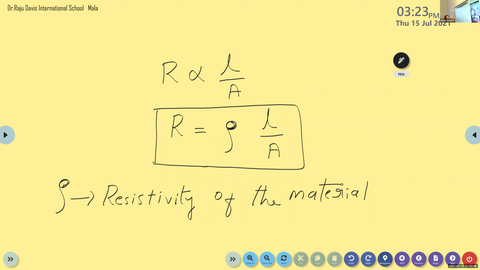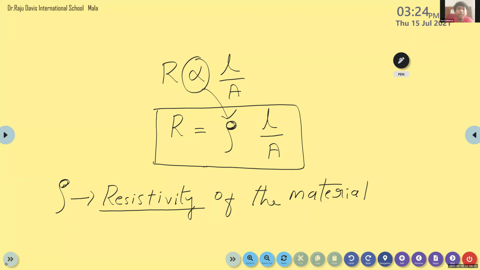So by comparing these two equations, we get R is proportional to L by A, or R is equal to rho into L by A. In order to replace this proportionality sign, we introduce a constant. That constant is known as resistivity of the material. It is not resistance, it is the resistivity of the material. It is represented by the letter rho.